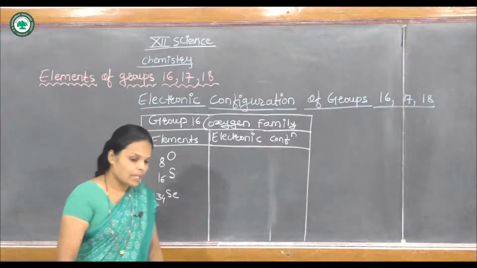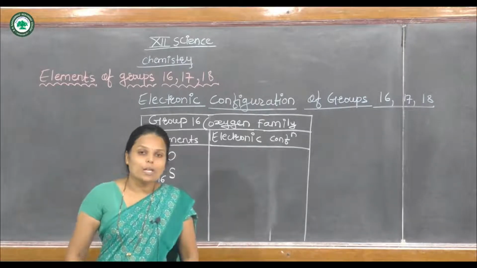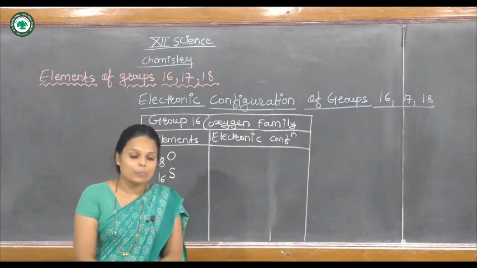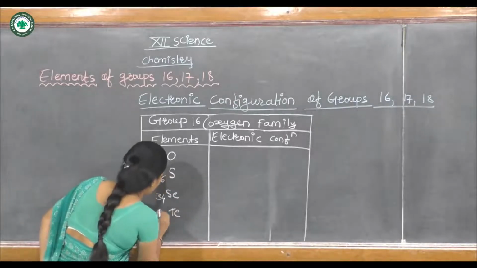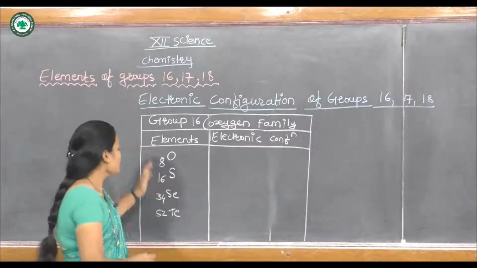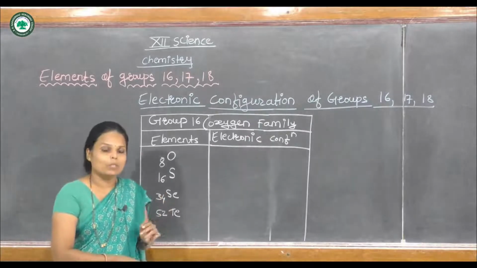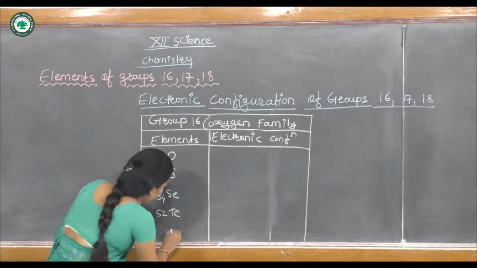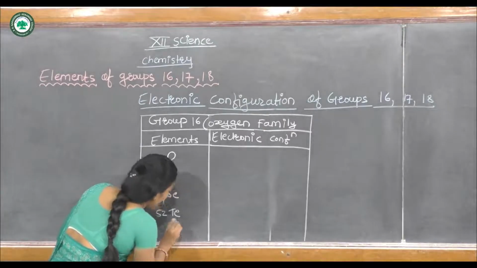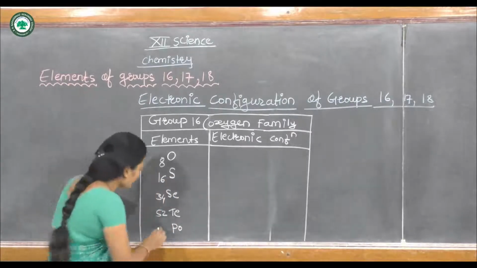Then the next element is tellurium, its atomic number is 52. And the last element is polonium, its symbol is Po and its atomic number is 84.